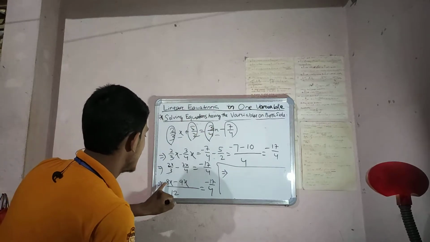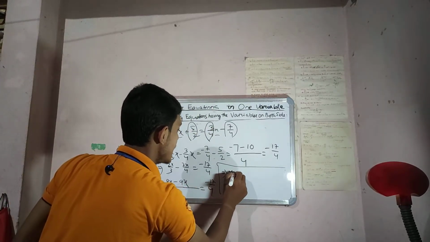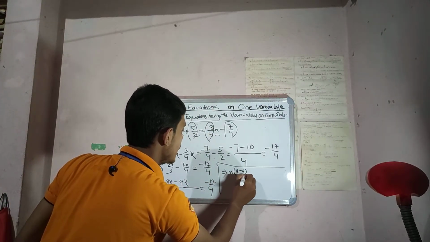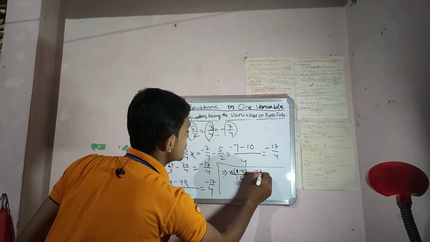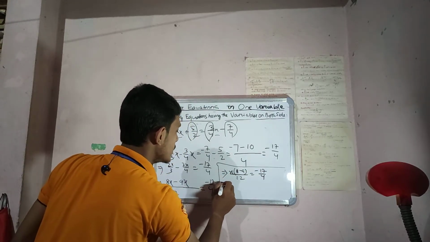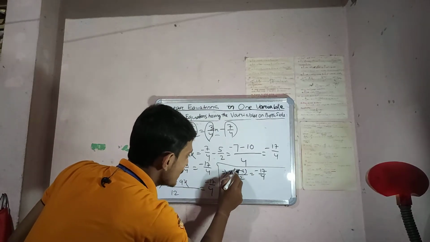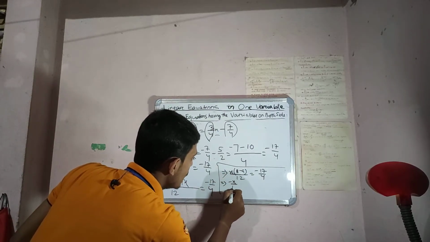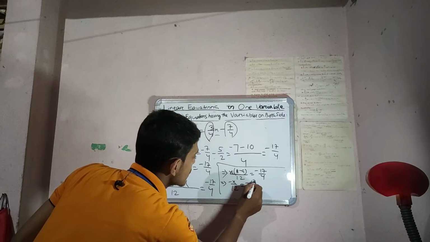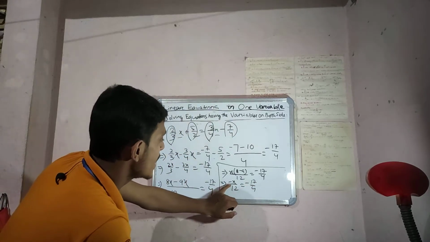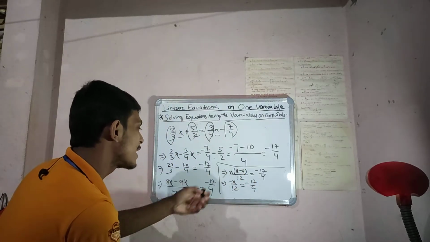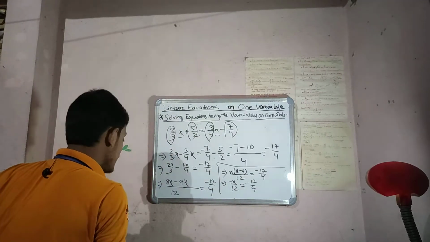That implies 8x − 9x, that is x is taken common, 8 − 9 is −1, so −x upon 12 is equal to −17 upon 4. Here also minus, here also minus, so minus and minus can be cancelled.